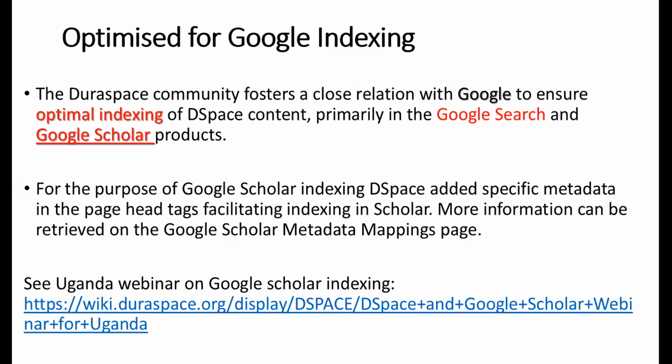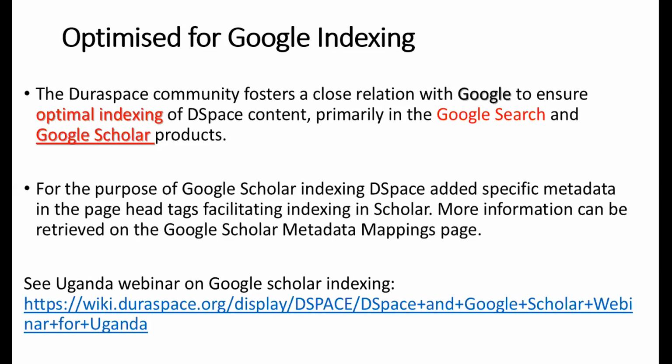So one thing is that DSpace has a very close relationship with Google Scholar and the general Google search, and they do help in ensuring that DSpace is well optimized for Google.